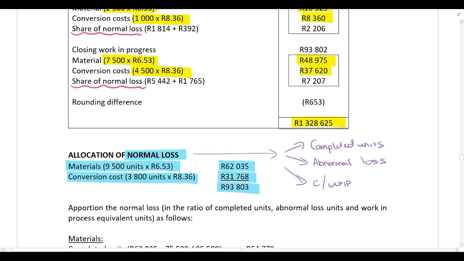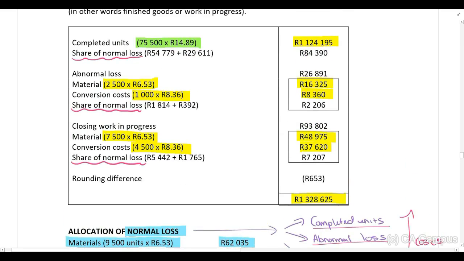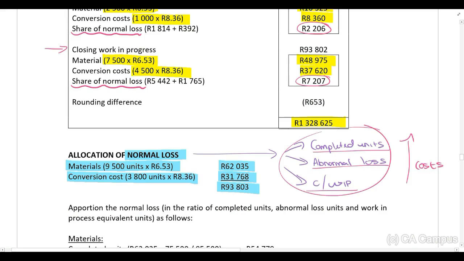I need to take this normal loss and I allocate it to my completed units, my abnormal loss, and my closing work in process. And after I've allocated it, my cost for everything is going to increase. You can see, even if you look, we haven't done the calculation yet, but as soon as I've allocated the normal loss to everything, my cost of my completed units, my abnormal loss, and my closing work in process, all three of those costs are going to increase.